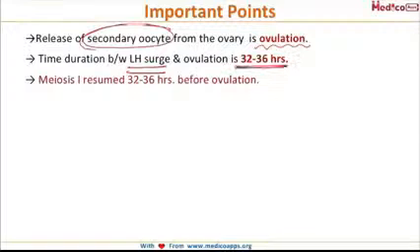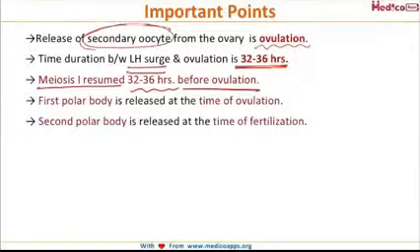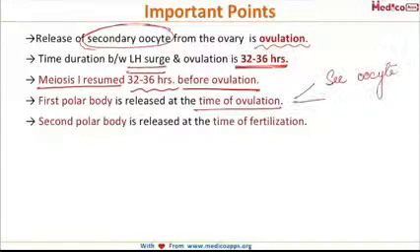Now this question can be framed differently: when does meiosis I resume? It resumes 32 to 36 hours before ovulation, because this LH surge causes meiosis I to resume and then ovulation occurs. As we told, at the time of ovulation, there is formation of one secondary oocyte and the first polar body.